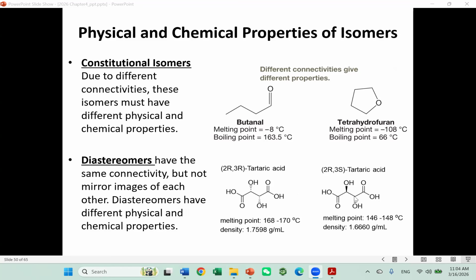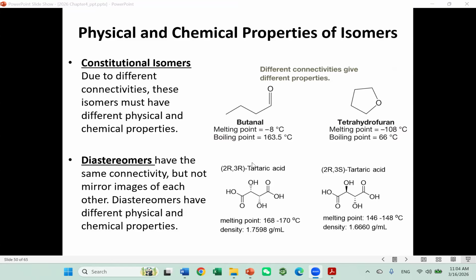And diastereomers are similar to constitutional isomers, okay. They have different physical properties. You can see here they have different melting points, different boiling points, for 2R,3R versus 2R,3S. Okay, they also have different chemical reactions, which we will learn in organic chemistry too.